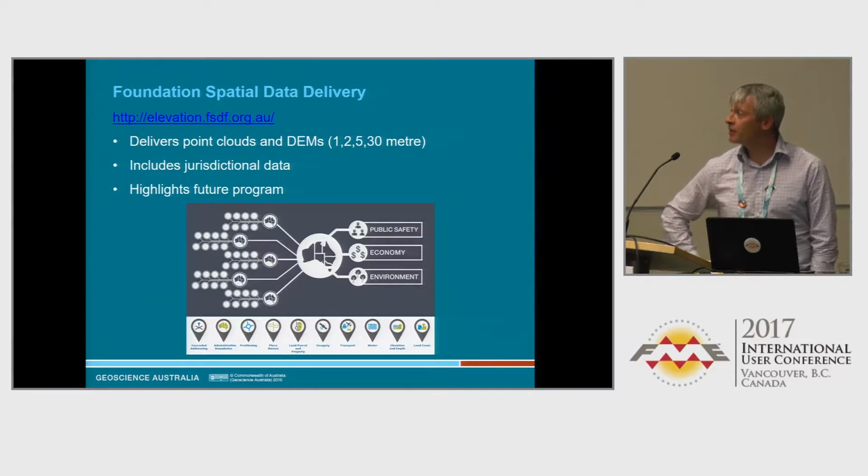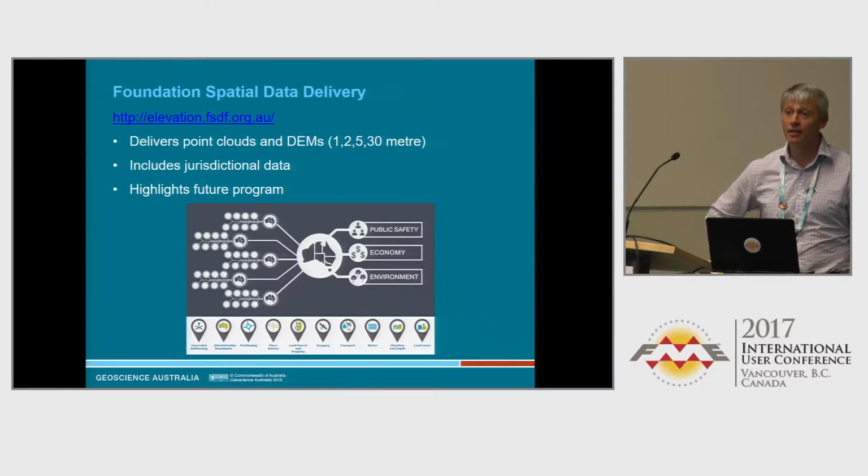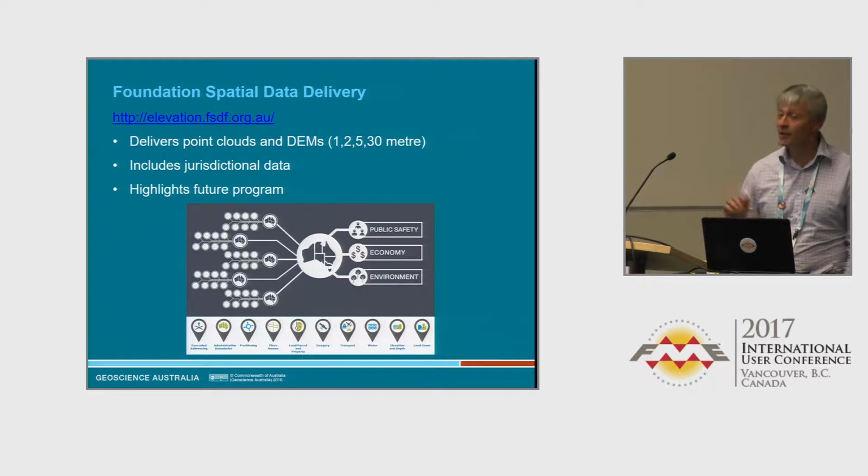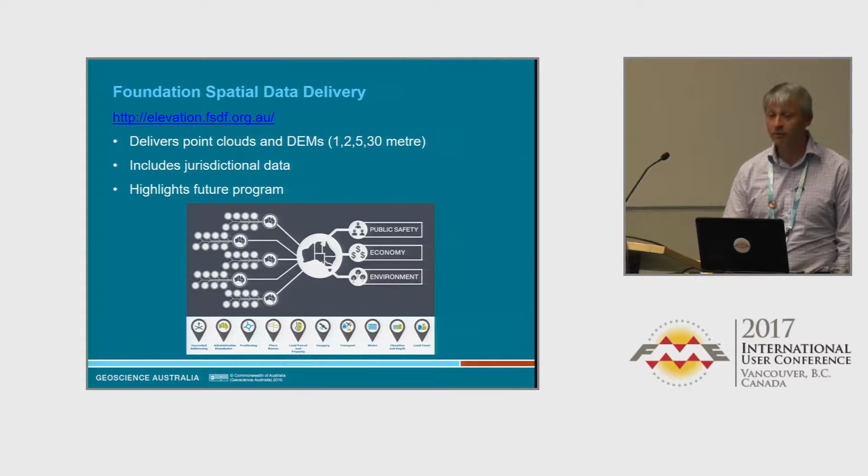The Foundation Spatial Data Framework was developed by the Australian Spatial Council, or ANZLIC, and its role was really to identify the core data sets that would underpin Australian decision making, and particularly to encourage prosperity for the nation. Elevation and depth is one of those 10 key themes, which is where ELVIS fell in under.